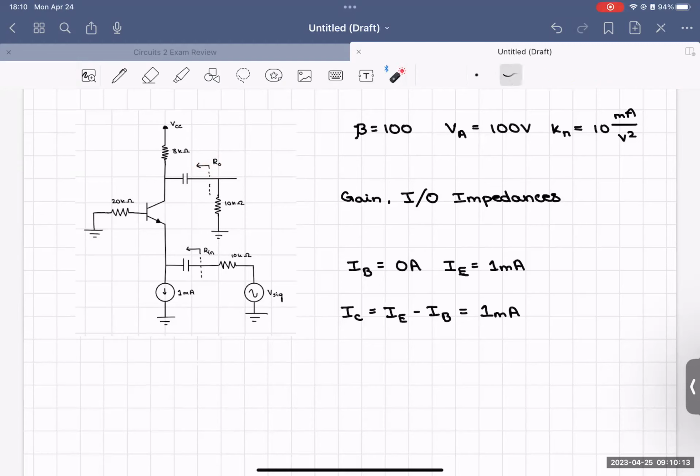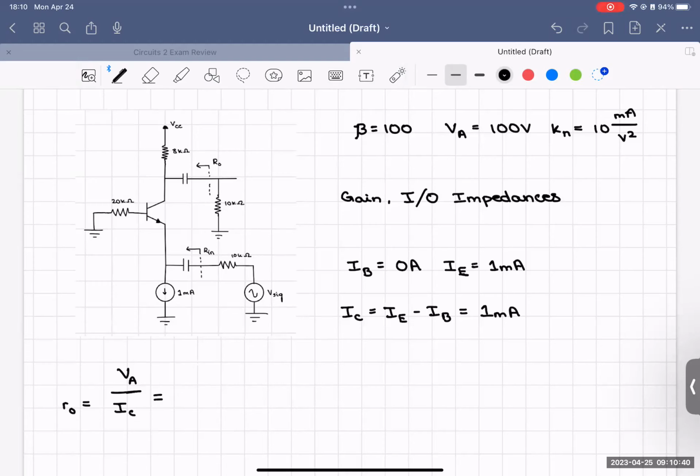We know beta, the early voltage, the transconductance, and all the currents. I'll begin left to right with little RO, which is early voltage over IC, the collector current. This is given on your sheet.